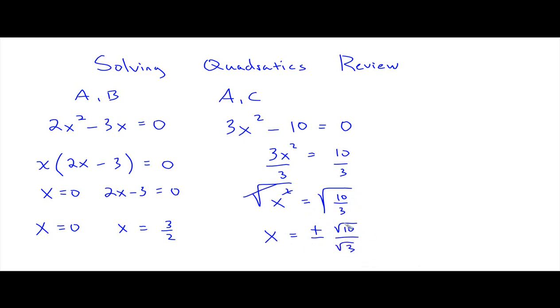You cannot simplify square root 10, so you're kind of done there. And remember, we cannot have a radical in the denominator. So we're going to rationalize here. Multiply top and bottom by radical 3. So our final answer would be plus or minus square root 30 over 3. And you can't simplify square root 30, so your answer just stays like this.